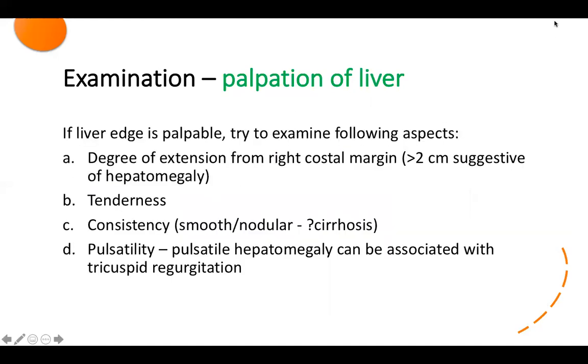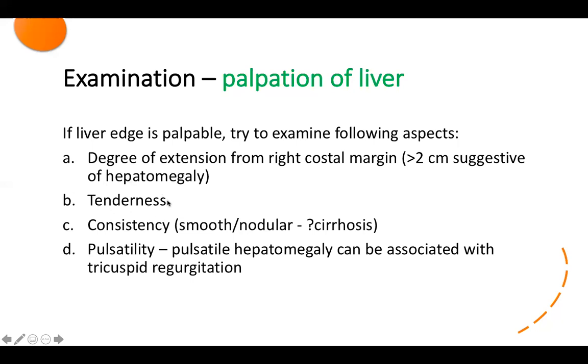If you do feel the liver edge tapping, try and see if you can examine the following aspects. So degree of extension from the right costal margin, that just means how much lower down can you feel the liver from the costal margin. If it's 1 to 2 centimeters, that can be normal, but if it's more than 2, then that would suggest the liver is enlarged, and there could be something else going on.